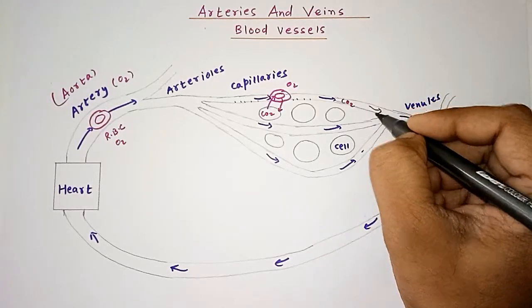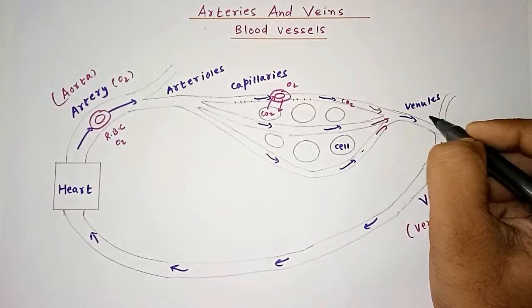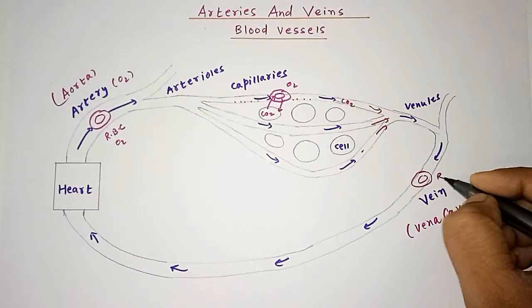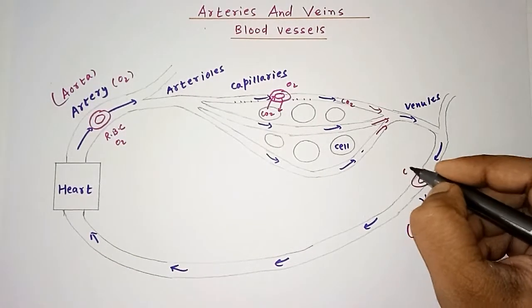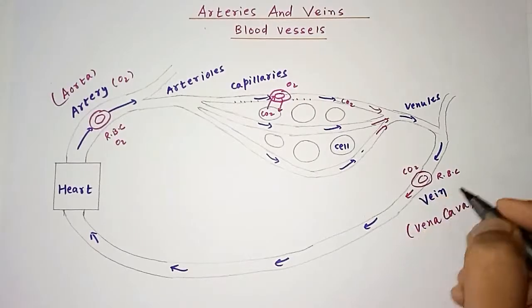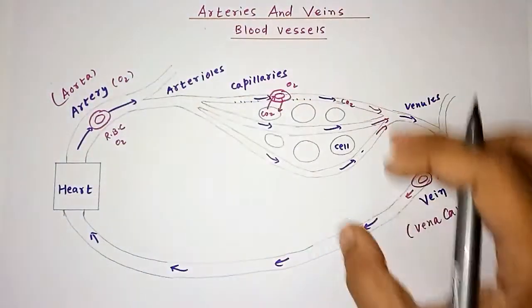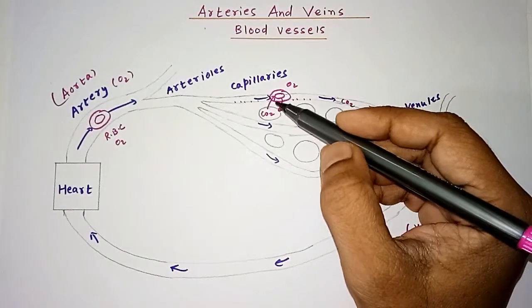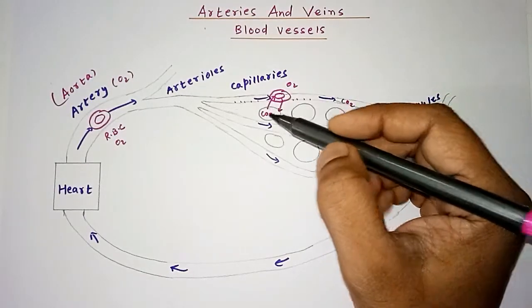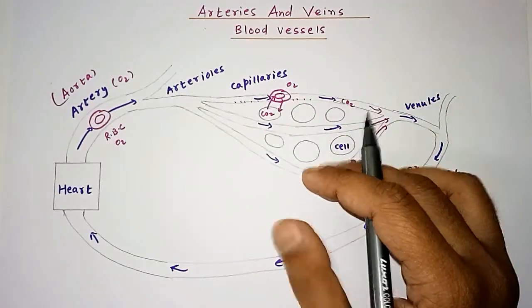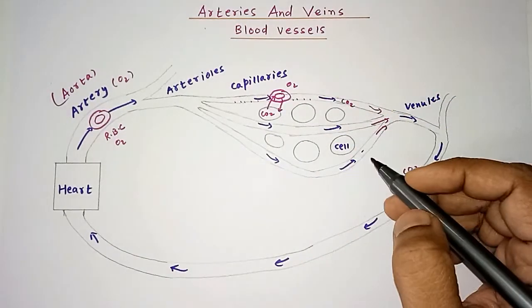Those red blood cells proceed further into venules, and now inside the vein you have red blood cells that carry carbon dioxide. Now that red blood cell would be proceeding further to the heart. So in this way the process takes place. Not only the gaseous exchange, but the proteins and other things are also getting exchanged over here, because those are the basic requirements of the cell.